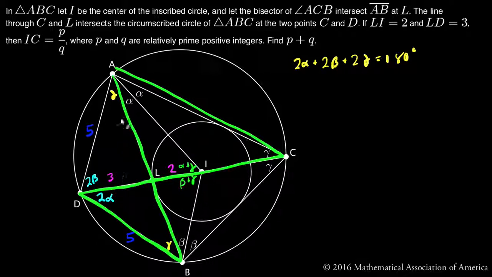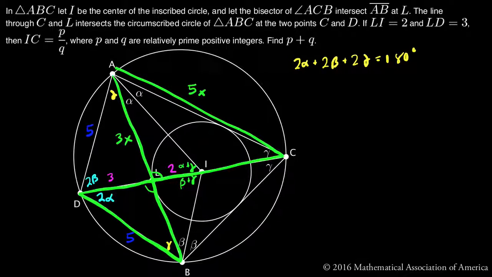You can see 2 alpha to 2 alpha, gamma to gamma. You even have extra information, which means that if this is in a ratio 5 to 3, this is in a ratio 5x to 3x.